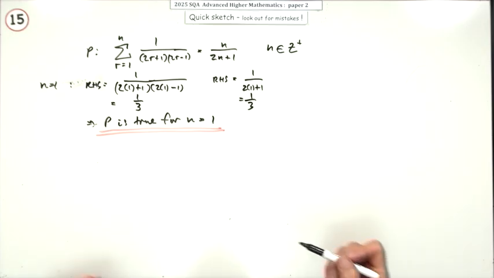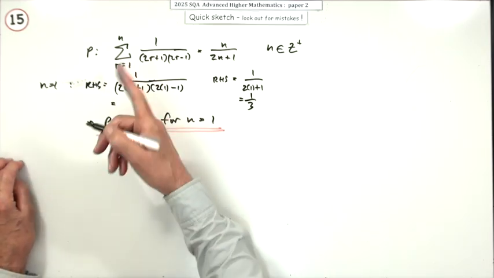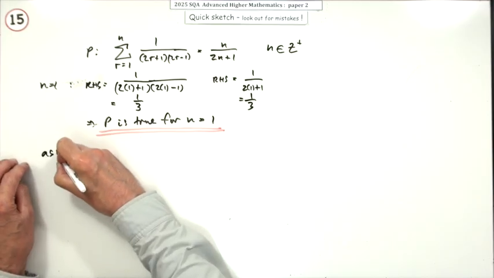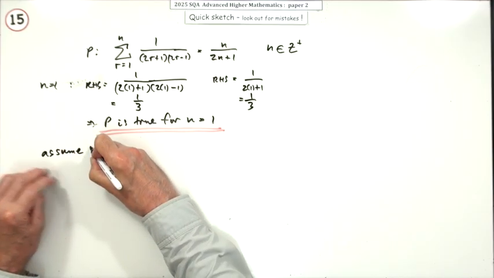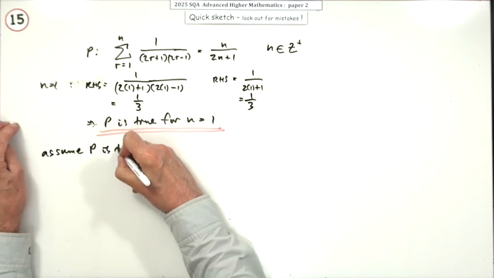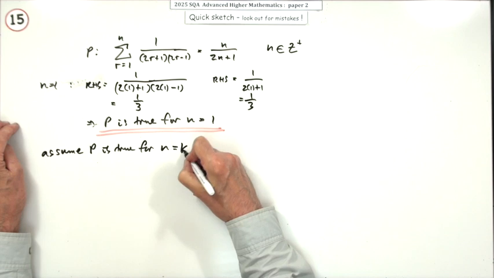Now I don't know where I'm going to put all this. Right, so now the inductive hypothesis. Now we're going to assume, let's just assume it's true. Assume that P is true for some random number, n equals k.